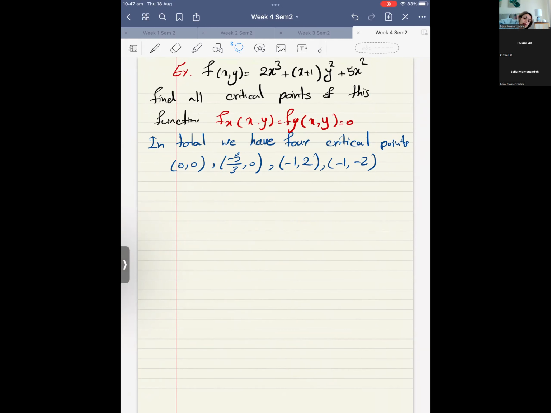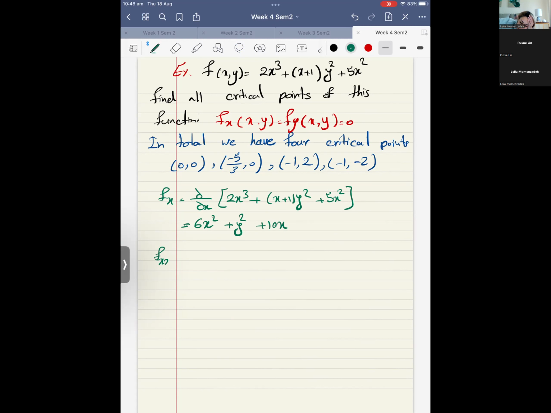Okay. Let's find the second derivative. You know that f(x, y), let me write, the partial with respect to x of x^3 plus (x plus 1)y^2 plus 5x^2 would be equal to 6x^2 plus y^2 plus 10x.